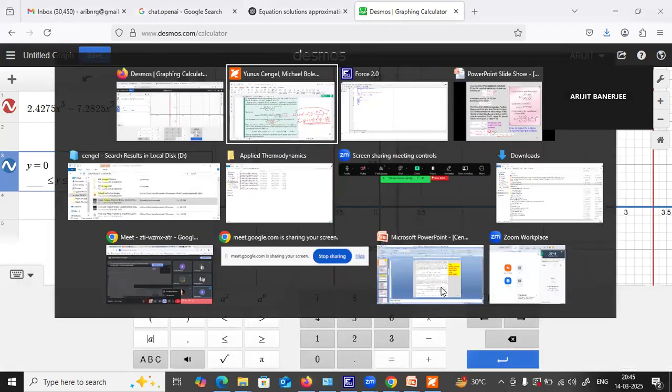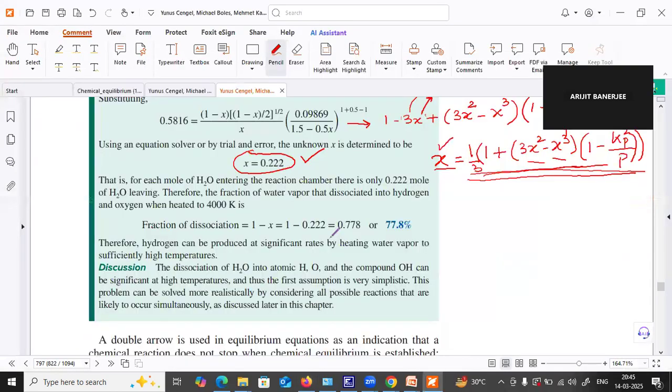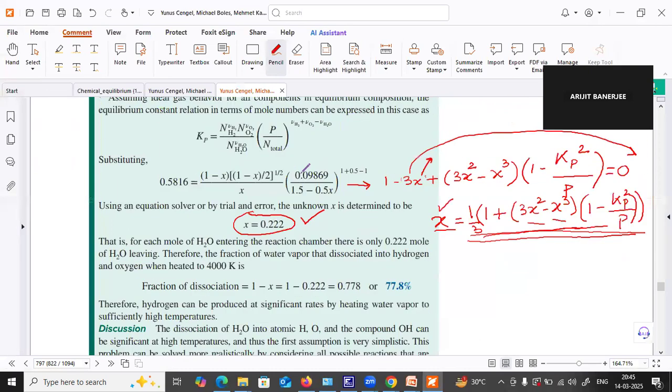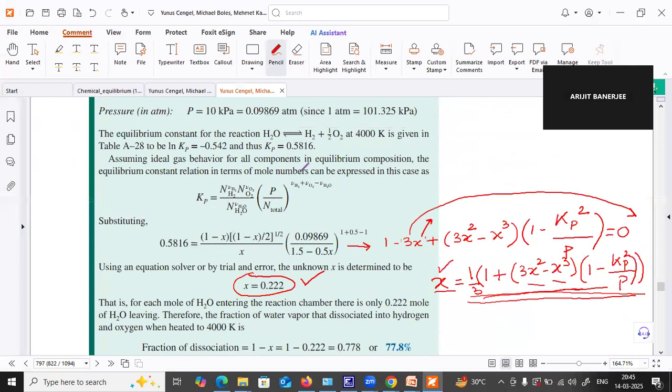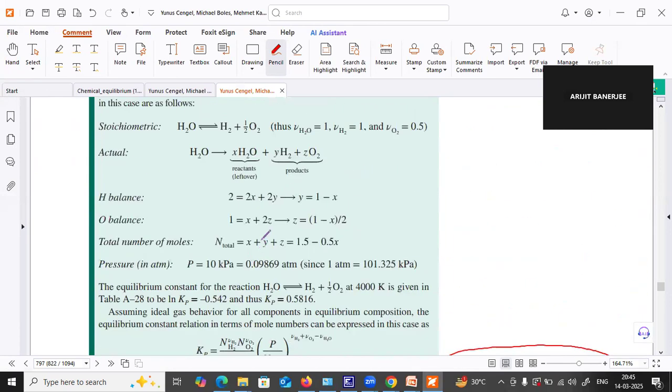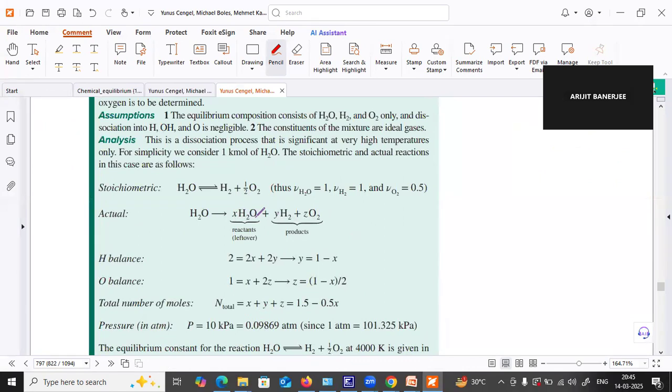Now I am just returning to the solution for the final time. Now you see that x is equal to 0.222. Therefore, what is x? X is undissociated H2O. Therefore, dissociated H2O is 1 minus x.